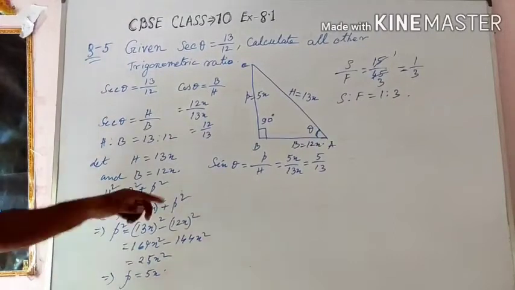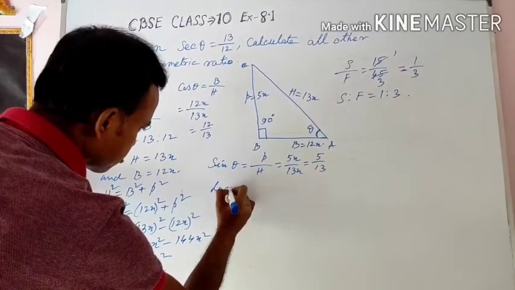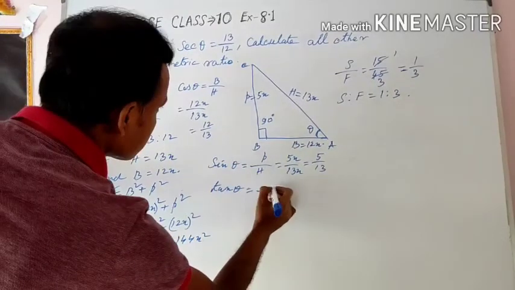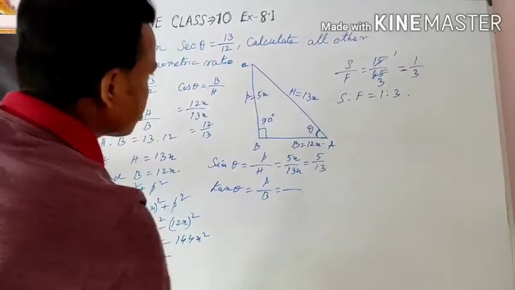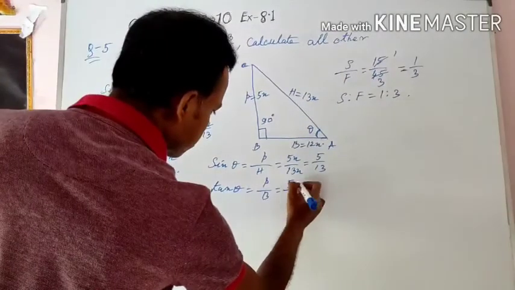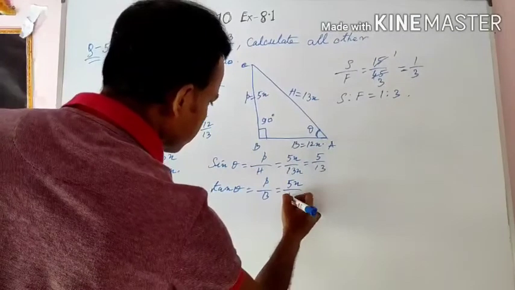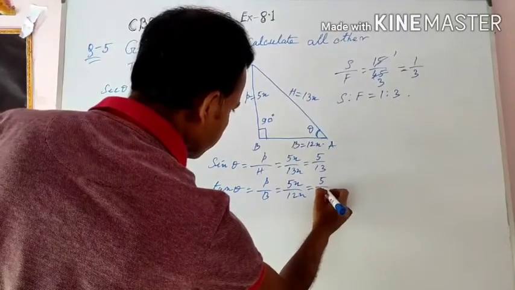Similarly, tan theta is equal to what? Perpendicular by base. Put the value: perpendicular is equal to 5x and base is equal to 12x, is equal to 5 by 12.